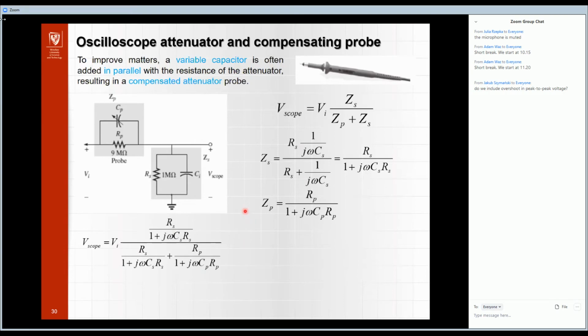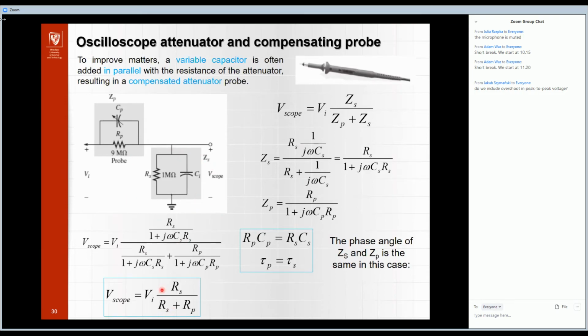But you can see this is more complicated than previously, but when we choose a good capacitor value for Cp, we obtain the same time constants for this one and this one. And in this situation, when we obtain the same value, we can omit this one and this one from the equations. So from this we obtain a pure resistive character of our divider. But we should add the capacitor to obtain equal time constants for this and this part.